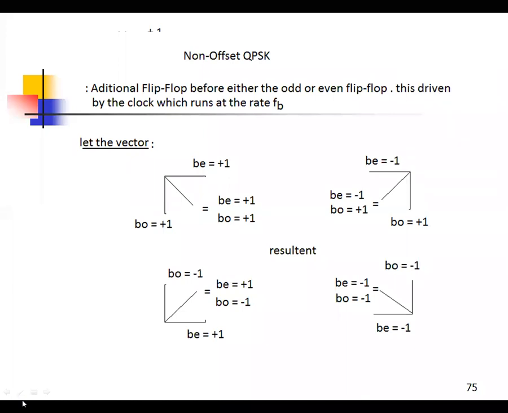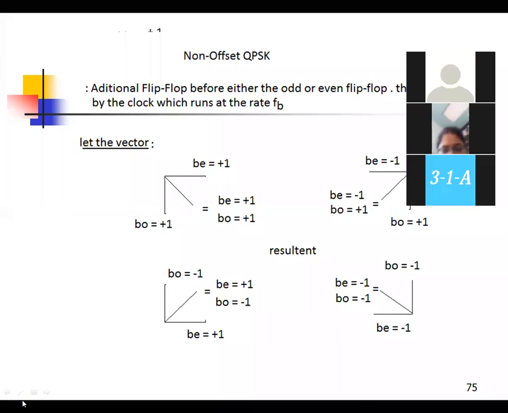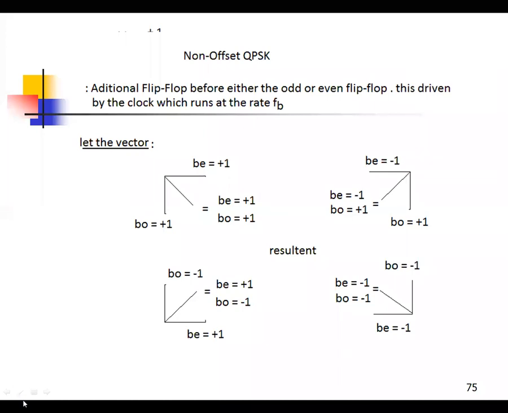B_e(t) is multiplied with root 2P_s cos omega naught t to produce S_e(t), and B_o(t) is multiplied with root 2P_s sin omega naught t to produce S_o(t). S_e(t) and S_o(t) are added by the adder.